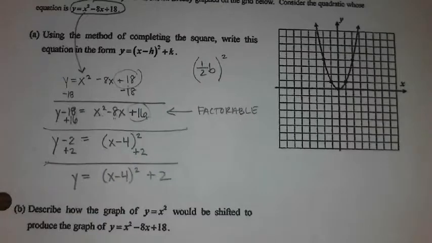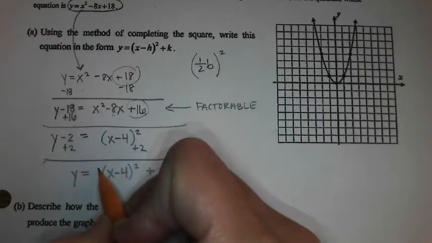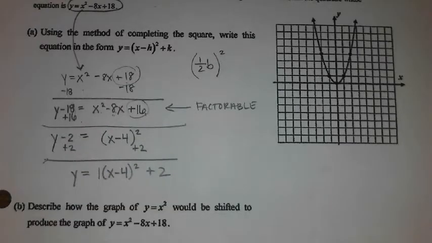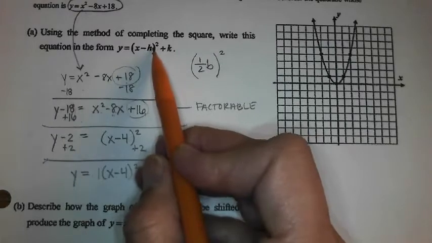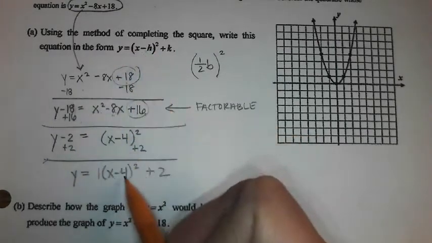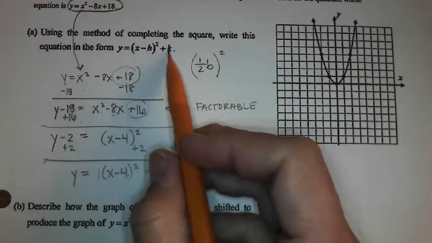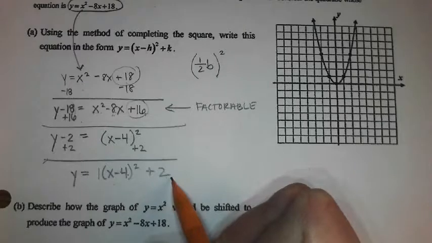And this is now in vertex form. What is technically our a value? 1. So this parabola opens up. What is our vertex? 4, 2. There's a negative that's a part of the problem. The h value is actually 4, and then k is 2. So 4, 2. Yes?